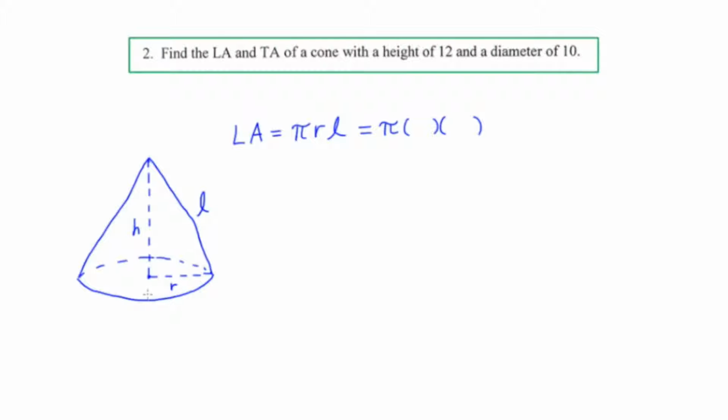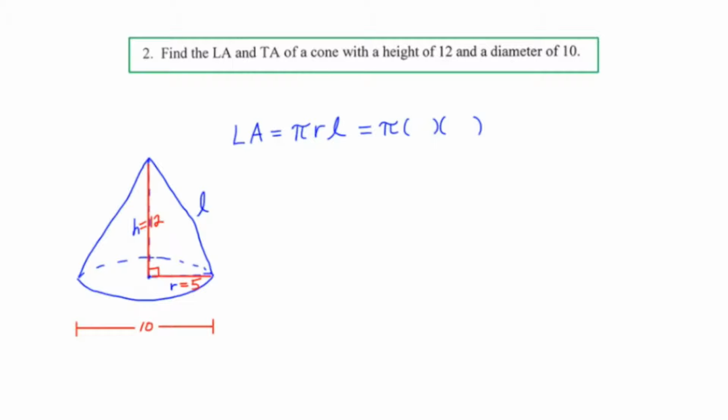Okay, so in this problem, we never did any specific labeling. They're telling us that the height is 12. So the height is 12 here. The diameter is 10. That would be the diameter of the circular base. And that would mean that the radius is 5. And if we look at that radius and we look at that height, we see that we really have two sides of a right triangle, sides that are 5 and 12.